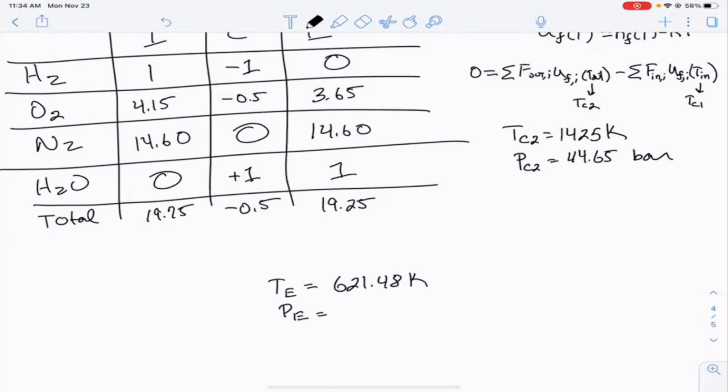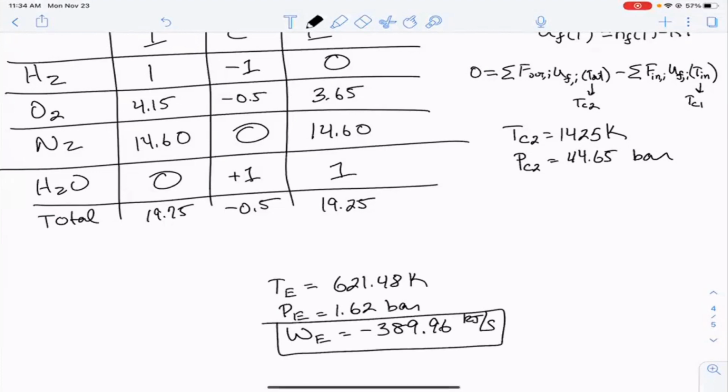And the final pressure is 1.62 bar. And we can find the work as well. And that's minus 389.96 kilojoules per second. And that's really the important point here. Okay. And I'm sorry, the math is exactly the same as the compressor, so I took a little shortcut in the interest of time.